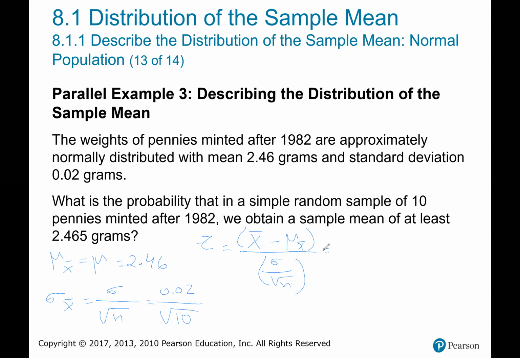So it's going to be equal to, x bar in this case is 2.465 minus the mean of the sample, which is the same as the mean of the population, 2.46, all over, and again put it in parentheses, the standard deviation of the population, 0.02, divided by the square root of n, which is 10.